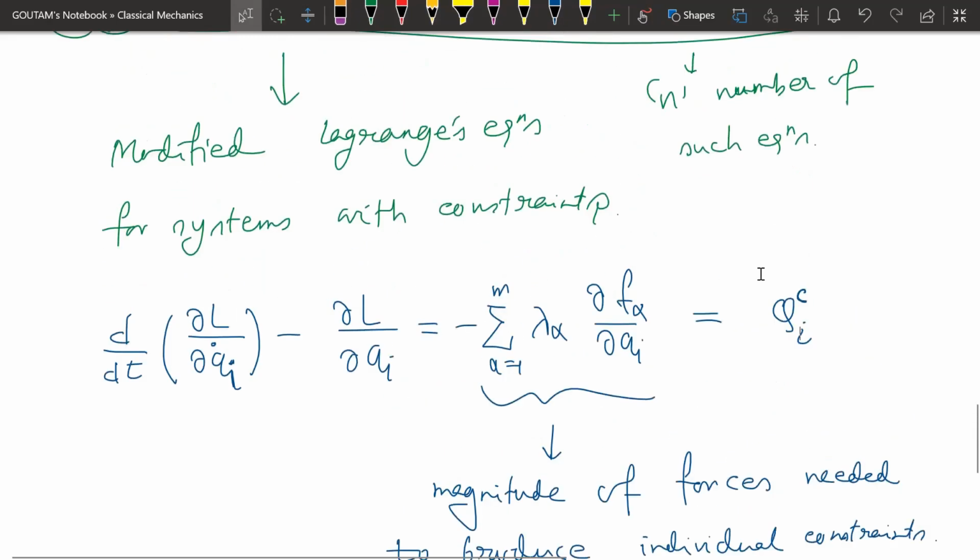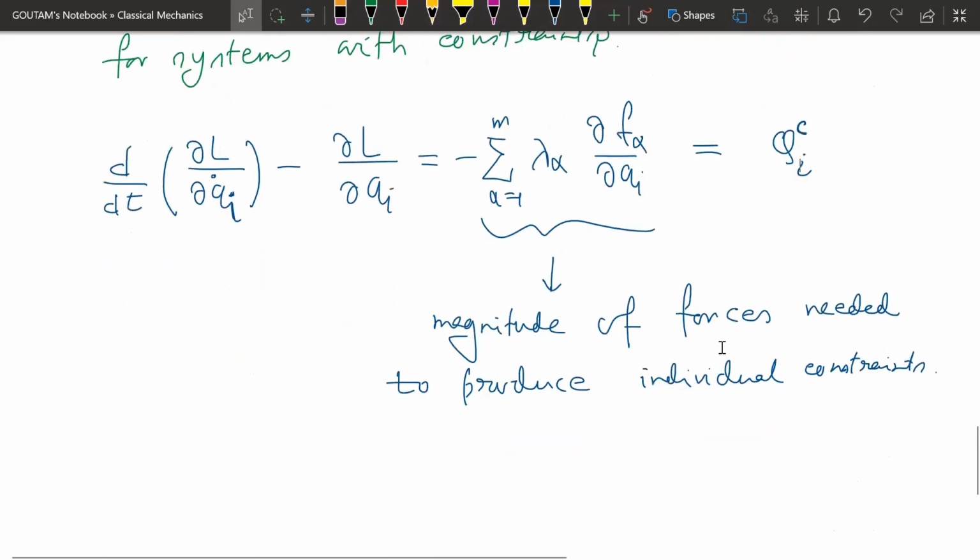So in this way, if we can find this value of Qi, we can calculate the force of constraint. But we can only go up to the magnitude. We cannot deduce the direction from this equation. To know the direction, we need to know the physics of the problem.